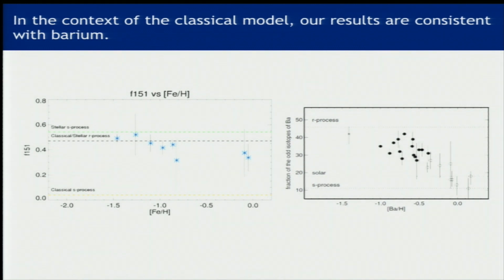However, as you can see, their stars actually reach the lower limit of the S process, whereas ours only reach about halfway. And we think this is because Europium has been so rarely studied before, and because of the difficulty in measuring Europium, the stellar and classical models are to an extent inaccurate for Europium.